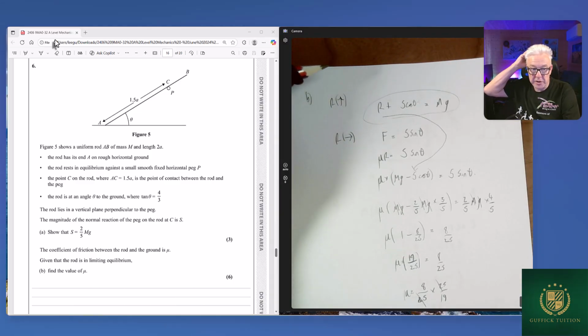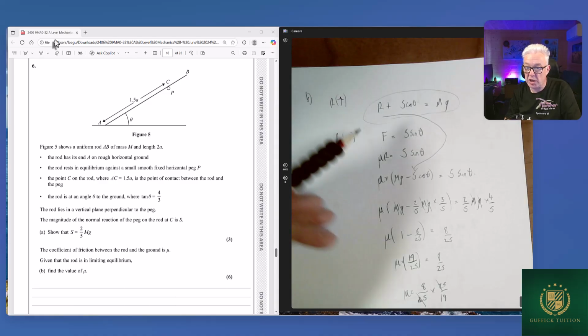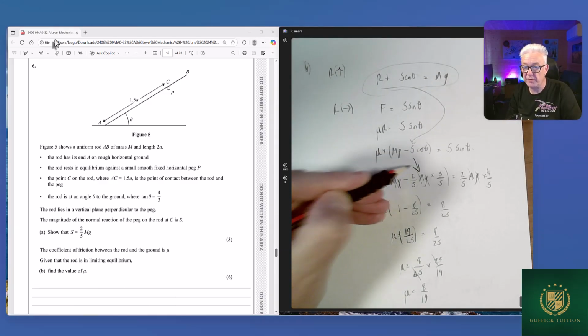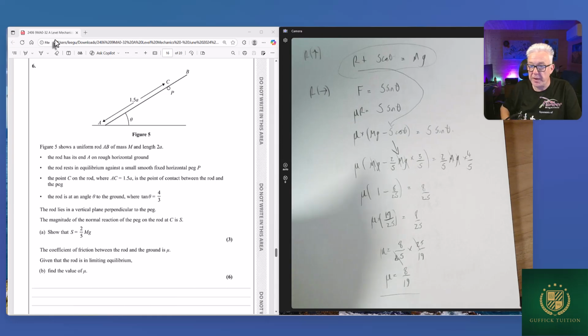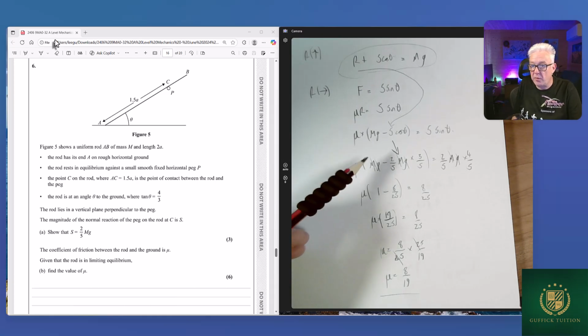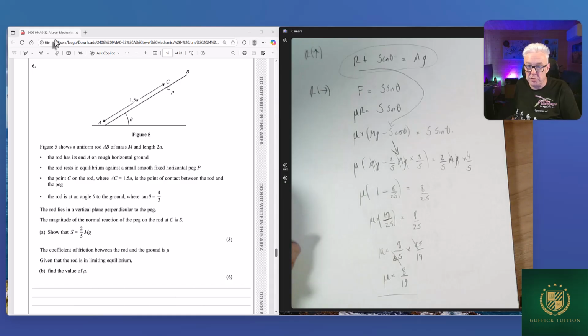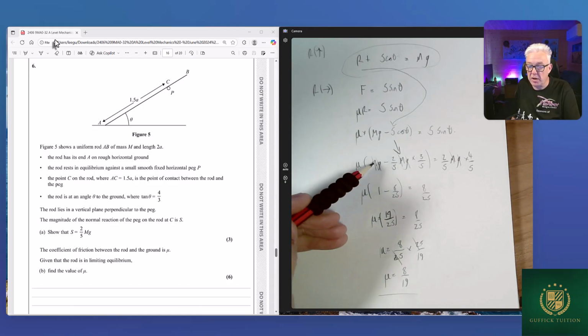Now, what else can we do from here? Well, we know also that S is equal to 2/5 mg. So this S now can be replaced by 2/5 mg. And the reason why that's useful is because when we do that, we've got an m and a g in every single term, which is super useful. So we now cancel the m and g because it's in every term.